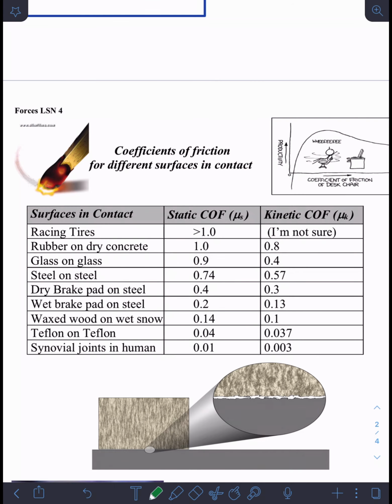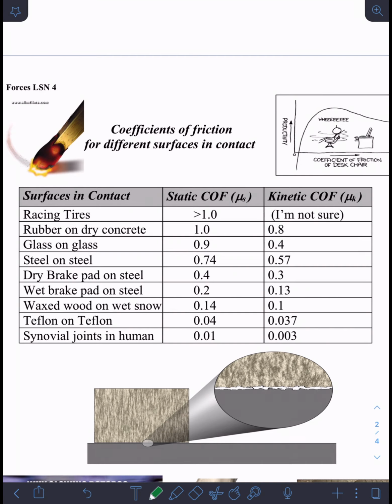If we just look at the numbers, large numbers are more resistive than small numbers. We can look at the table here. And what I want you to notice is, depending on how we address friction, there's what's called the static coefficient of friction and the kinetic coefficient of friction. This is mainly due to the fact that when surfaces are not moving relative to one another, it usually takes a little bit more pulling force to get an object to move than it does to keep it moving.